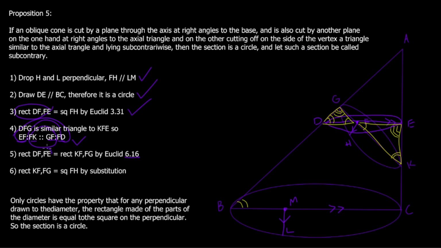Now it's coming up again, DF FE. So we can do a substitution. If this rectangle is equal to this rectangle, we already have proven that that was equal to the square on FH, then this rectangle is equal to the square on FH. So I've written that out, KF FG equal to square FH by substitution.